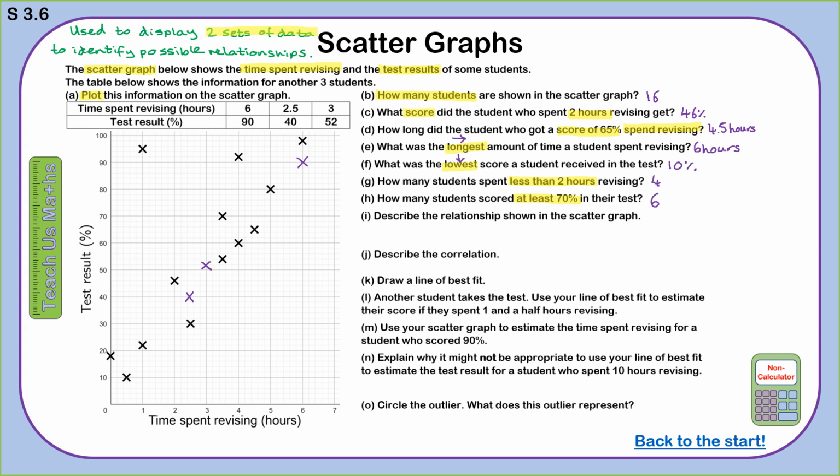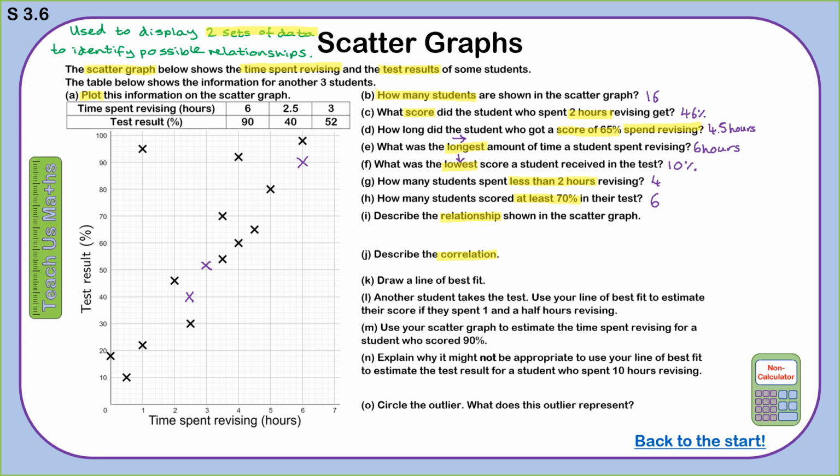Question I. Describe the relationship shown in the scatter graph. And question J. Describe the correlation. So questions I and J come hand in hand. This is where we are going to look at the trend or pattern formed by the points. So for question I, we need to describe the relationship shown in the scatter graph.